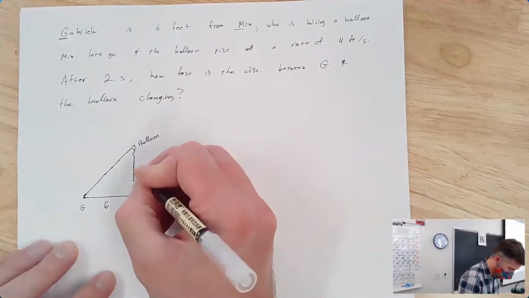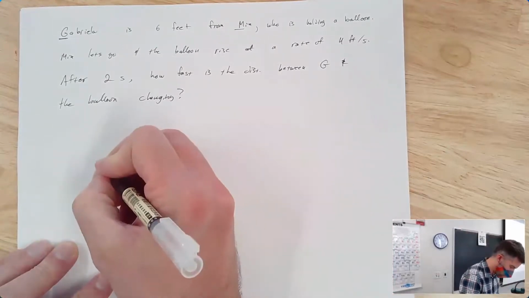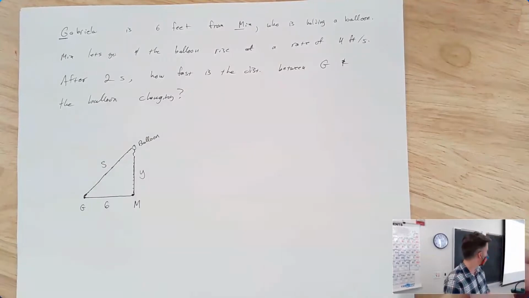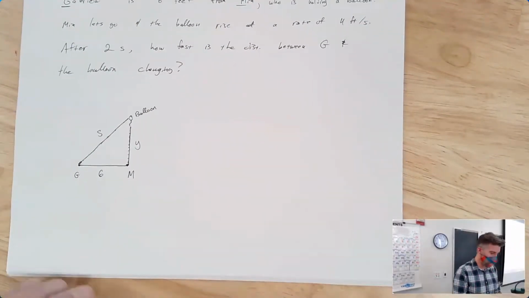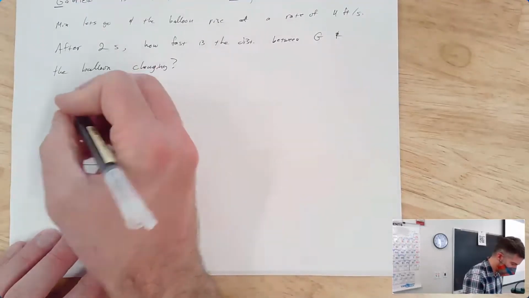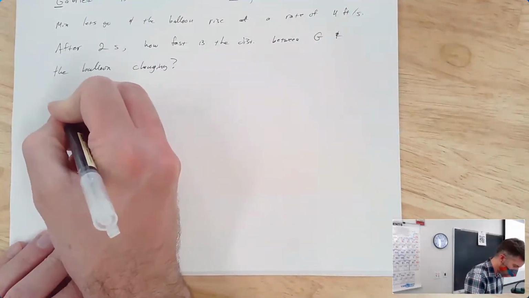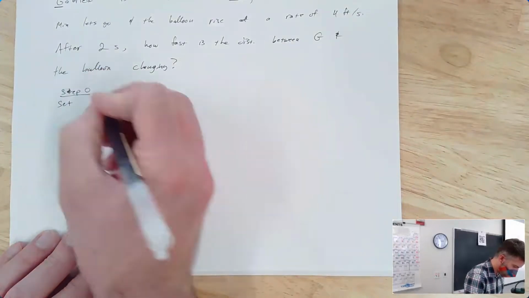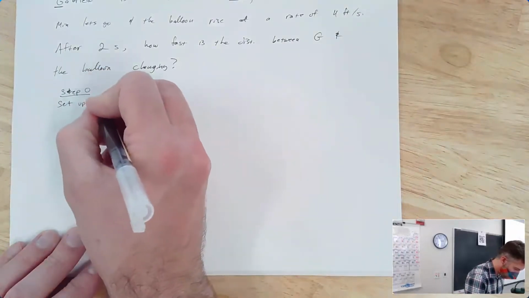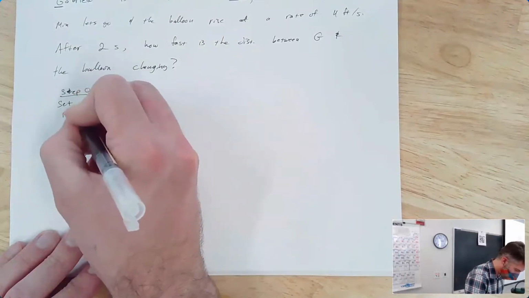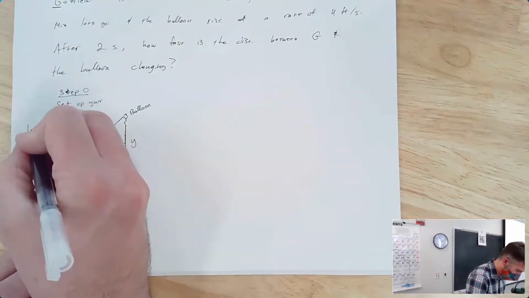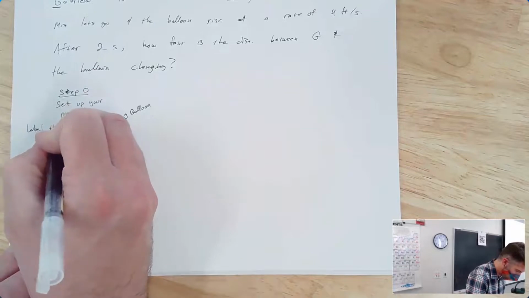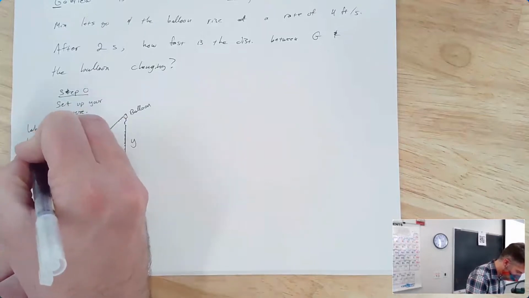I'm going to call this Y and this S. Great. So now I'm going to answer the usual first. So you can call this step 0 if you want. Wow, can I write step 0? Step 0, set up your picture. Label things that change with variables.